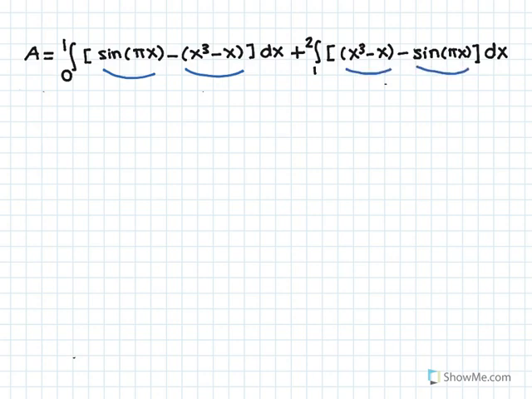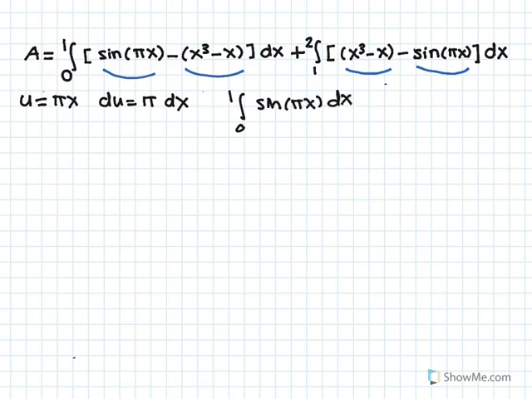That's the bottom function. So to solve this, we're going to look at the first integral because that involves u substitution. So let u be equal to pi x. Differentiate both sides, we get du equals pi dx. And we have the integral from 0 to 1 of sine of pi x dx.